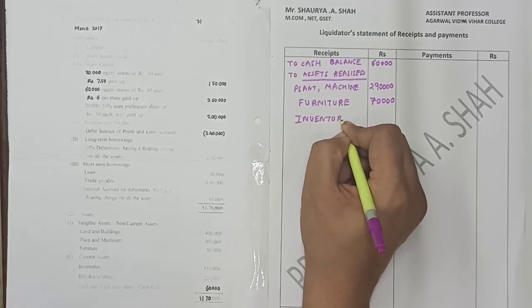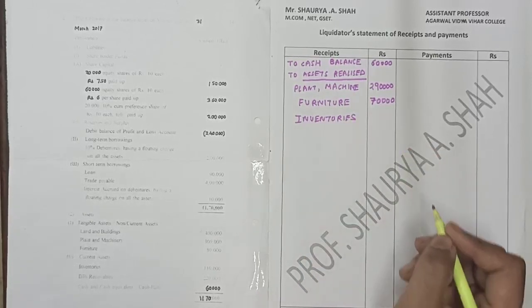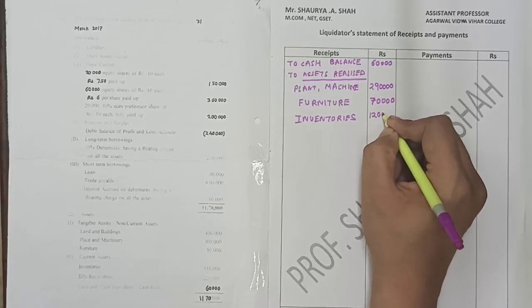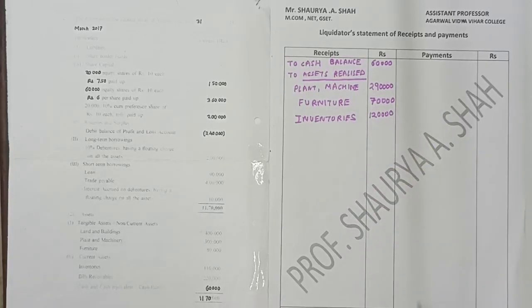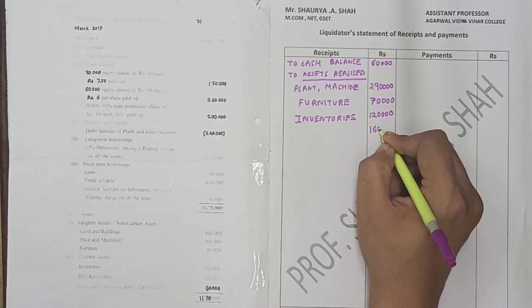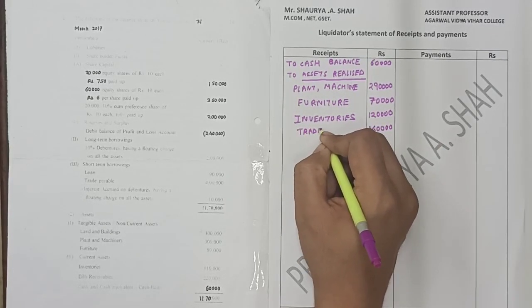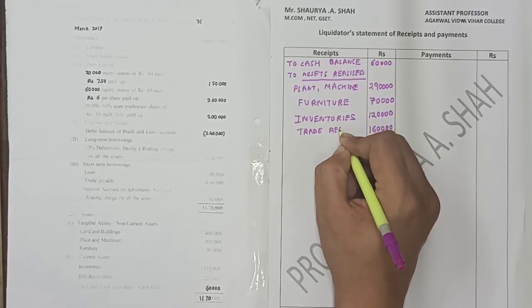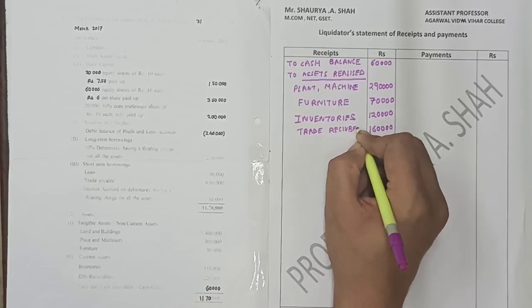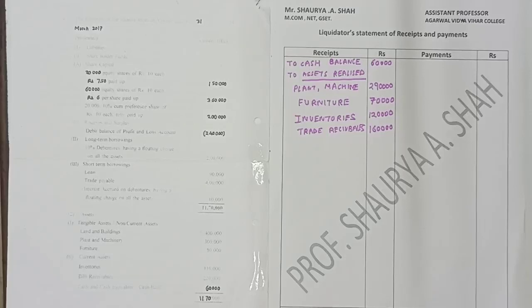Inventories 1,20,000 rupees. Trade receivables 1,60,000 rupees, right? You can write down in the inner column also, then take it to outer column. I have directly written it here in the outer column, right?